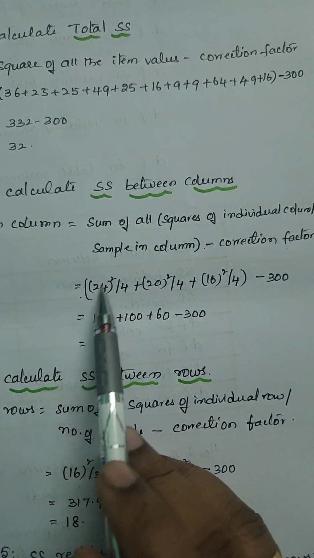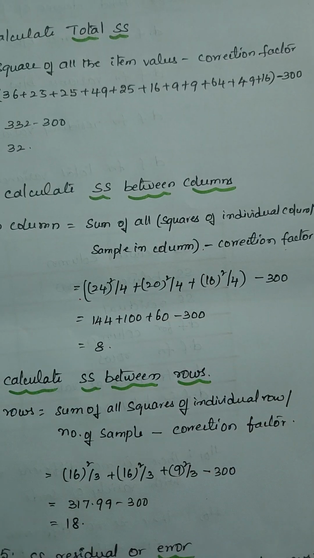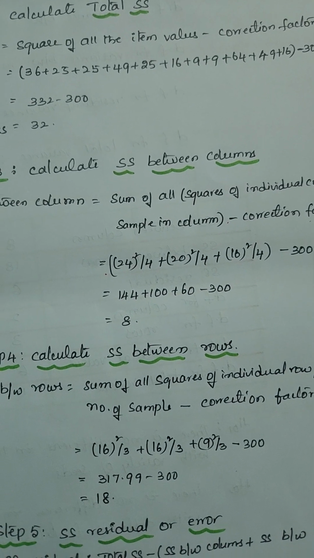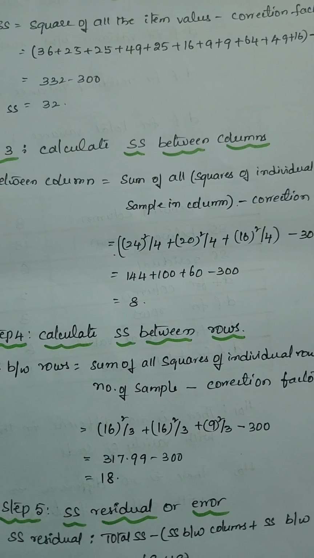Each square is divided by the sample size 4: 24 square by 4 plus 20 square by 4 plus 16 square by 4, minus correction factor 300. That is 144 plus 100 plus 64 minus 300, which is 8.